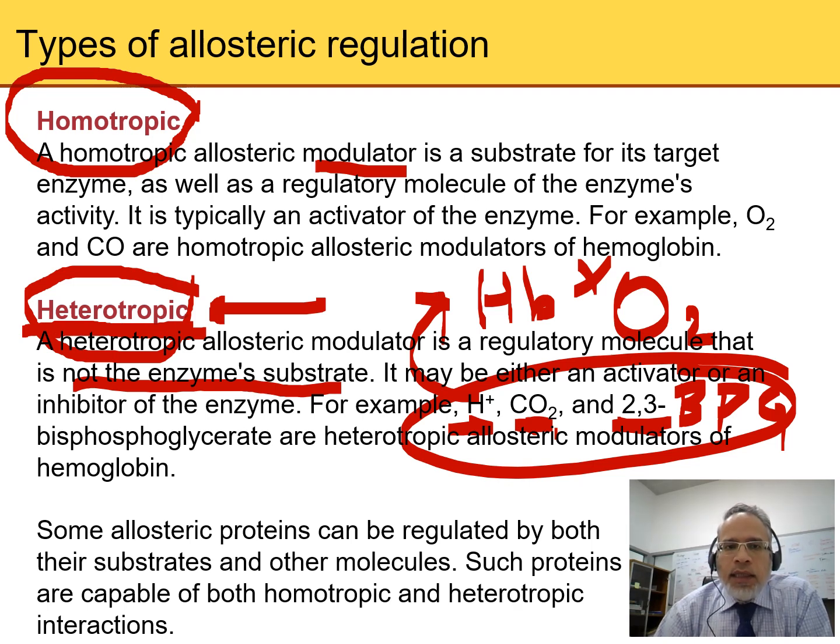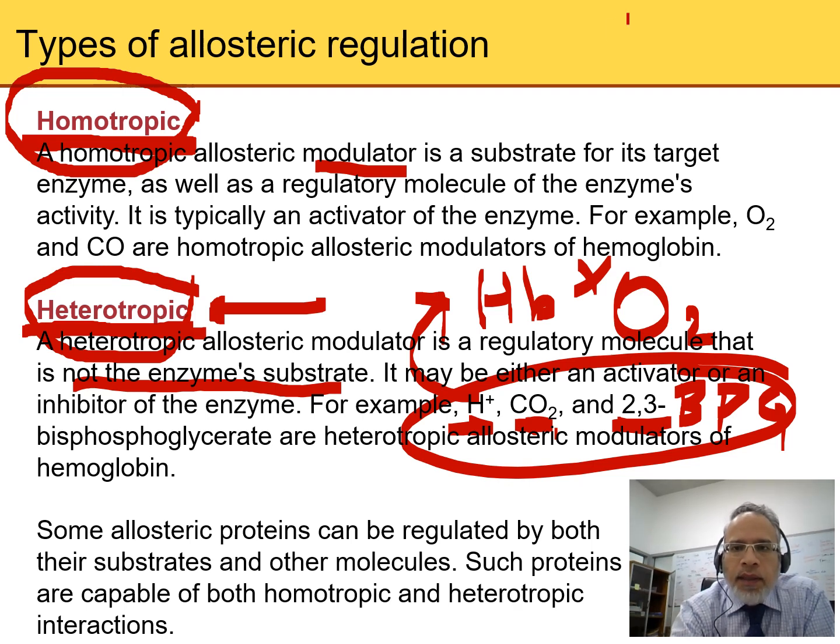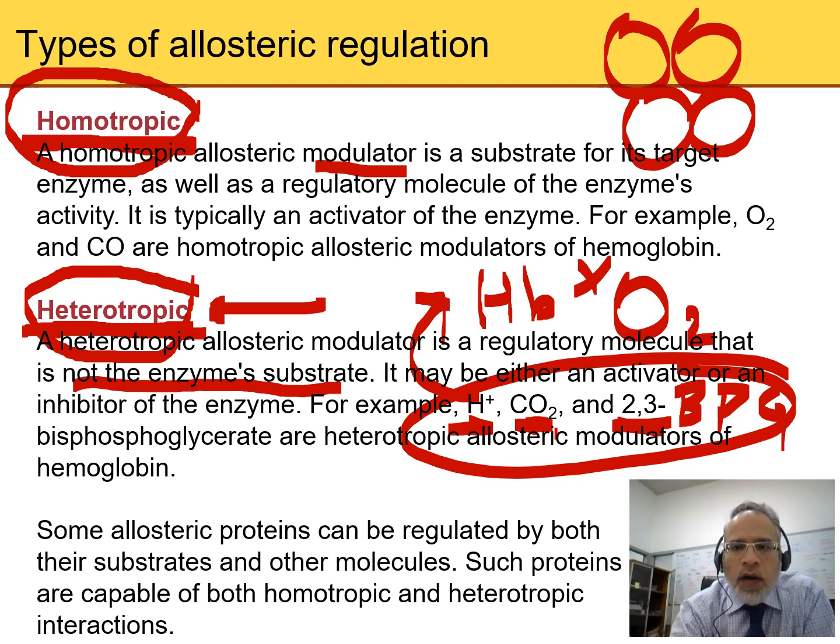In some cases, we have things that are called homotropic. Homotropic are effector molecules, binding of which affects the binding of the same molecule to other subunits. Here the example really is, if you look at the hemoglobin tetramer, all of the subunits bind oxygen molecules.